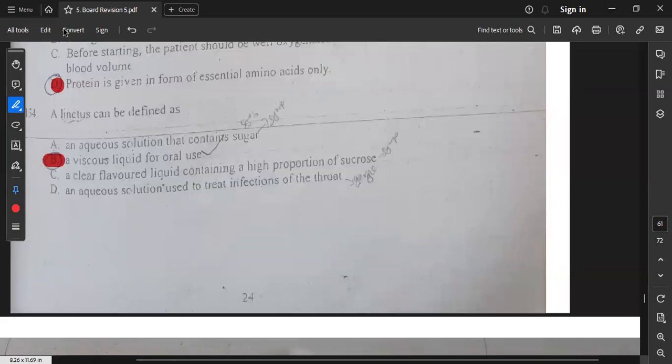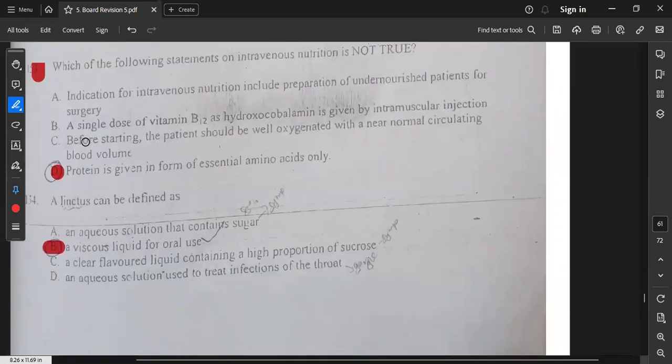Which one? I think it's 153. Protein can also be administered as hydrolysates in IV. So, by elimination, answer D says protein is given in form of essential amino acids.